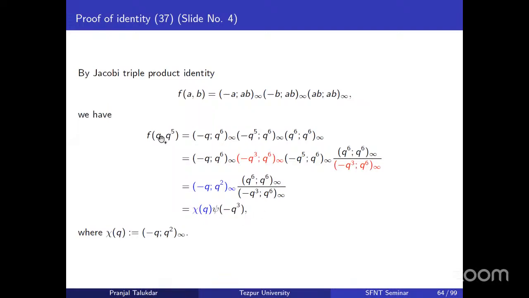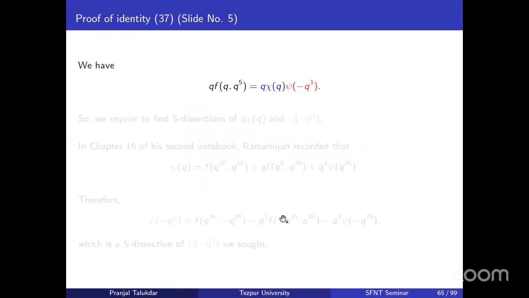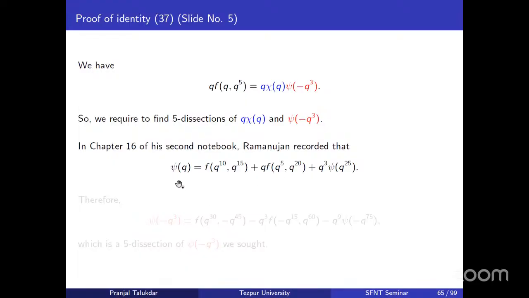So now we have expressed this f of q comma q to the power 5 in some known functions. Now we need to find 5 dissections of q into chi q and psi of minus q3. We have a 5 dissection for psi of minus q3 from Ramanujan's second notebook, and if we replace q by minus q cube, then we have this identity, and so we have this 5 dissection of psi of minus q3.